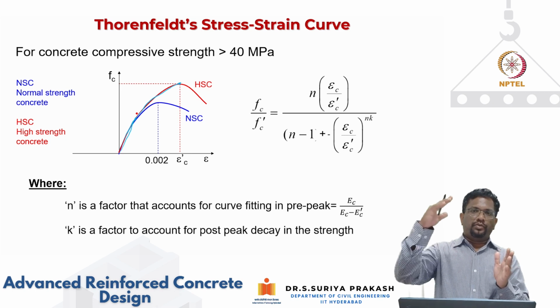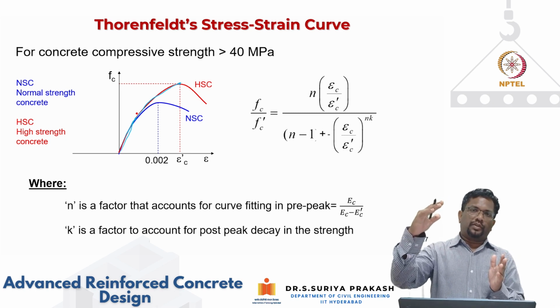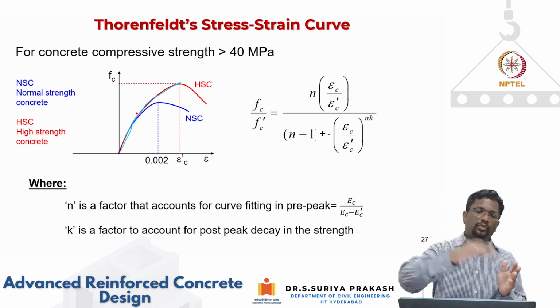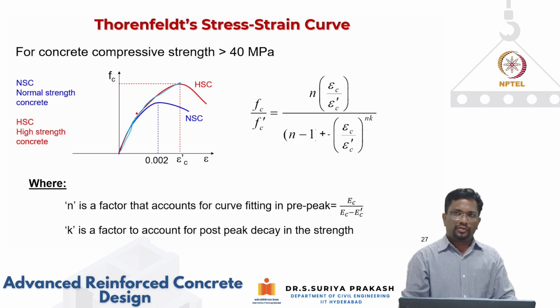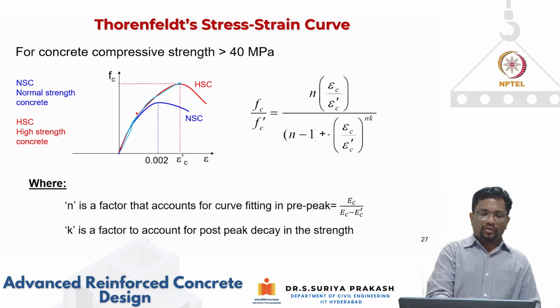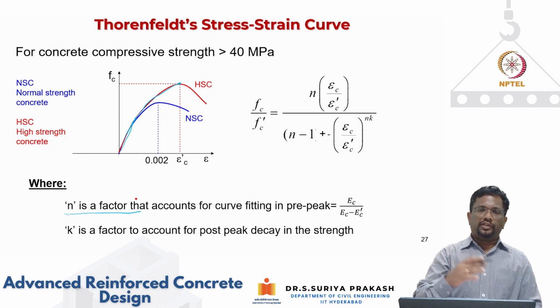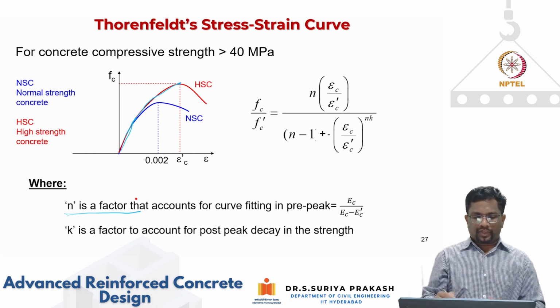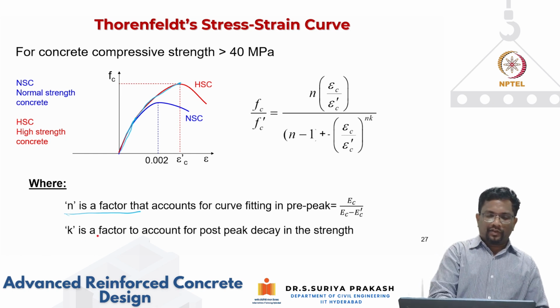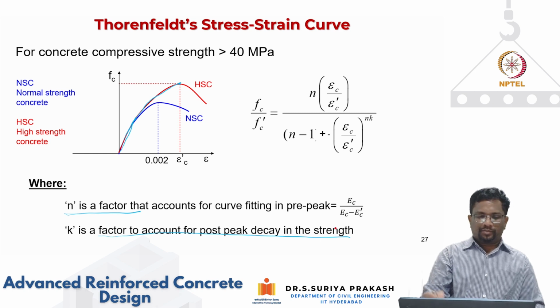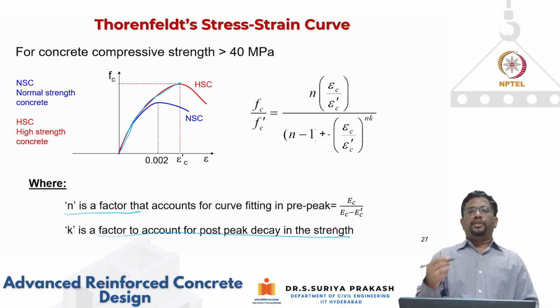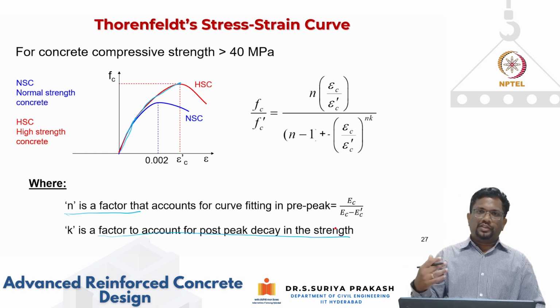From 40 to 100% of your strength, how the shape of the curve is going to change will be accounted by a factor called N factor. How the curve changes from linear to nonlinear behavior in the pre-peak regime. Okay, and there is another factor, K factor, which we discussed in the material chapter, that accounts for post-peak decay in strength. How fast the strength is decaying after reaching the peak stress.